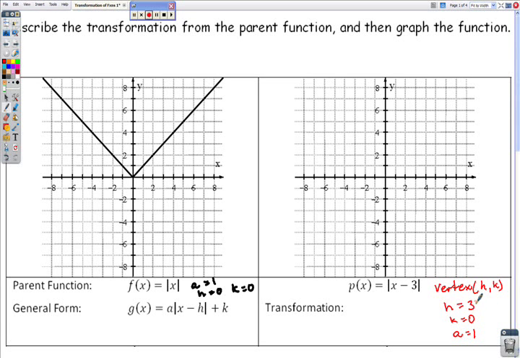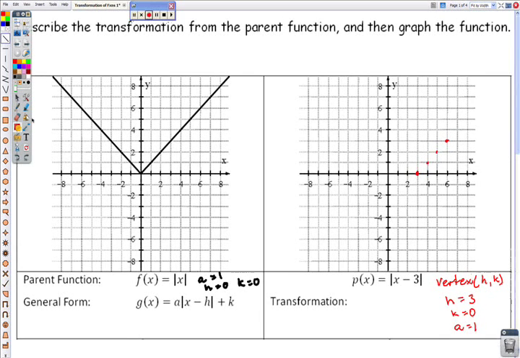So then we expect the vertex to be 3, 0. And I can plot that. We expect the slope on the right-hand side to be 1. So I go up 1, right 1, up 1, right 1, up 1, right 1. So we can graph that.